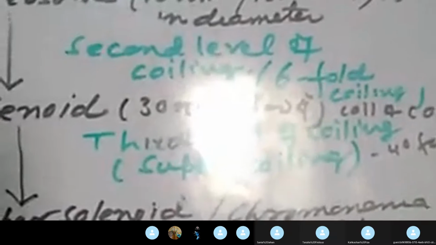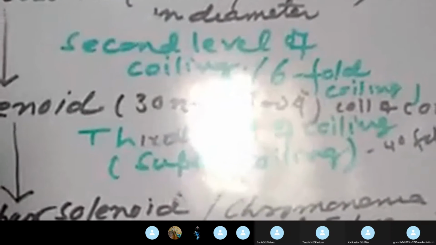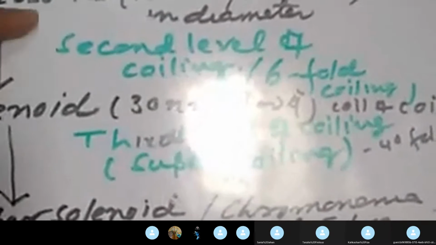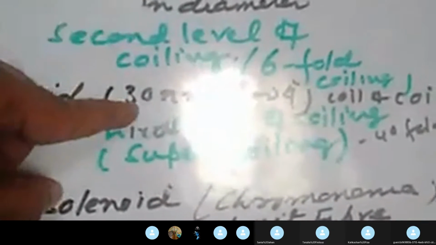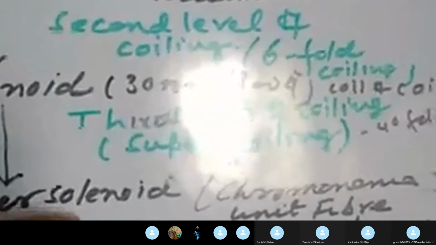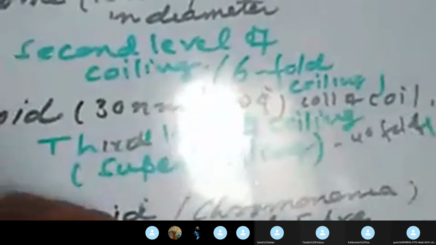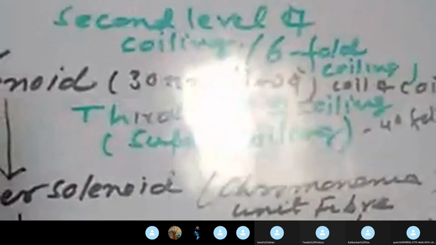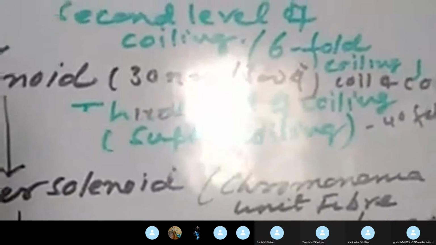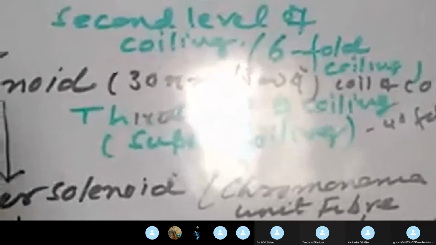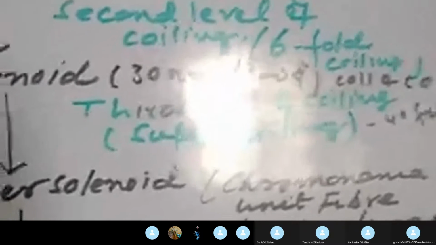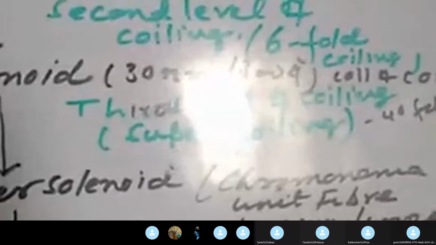DNA is a very thin structure and its diameter is 2 nm, and the diameter of the nucleosome is 10 nm. The diameter of the solenoid is 20 to 30 nm. The diameter of the super solenoid structure is 400 nm, and finally the final compaction results in the formation of the chromatid or chromosome.